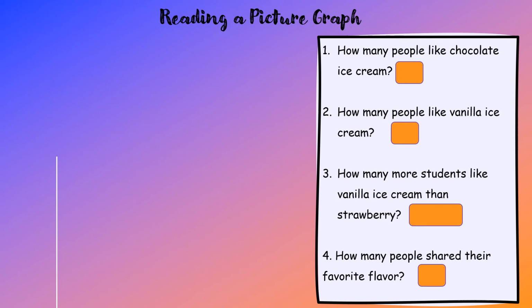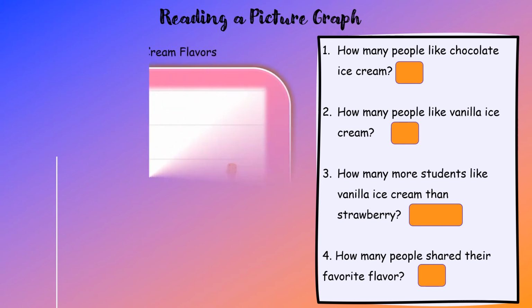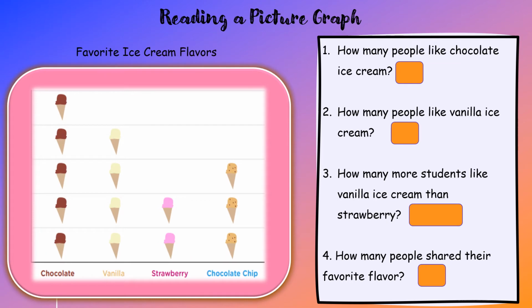Now you are going to practice reading a picture graph on your own and answer a few questions about the graph. But don't worry, I'm here to help. So the graph that you will be looking at is titled Favorite Ice Cream Flavors. So the flavors that we're looking at are chocolate, vanilla, strawberry, and chocolate chip.